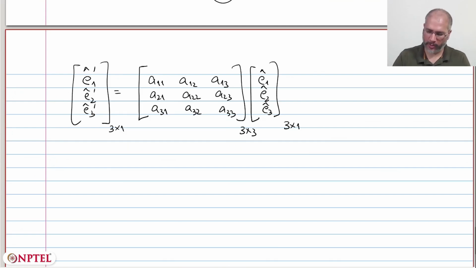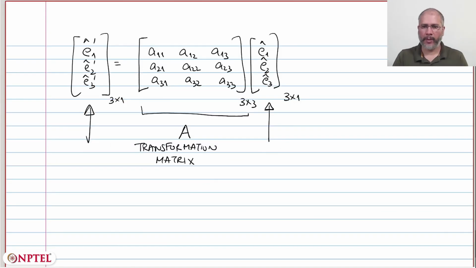This allows us to go from unit vectors in the base coordinate system to unit vectors in the primed coordinate system. And the matrix which allowed us to do that is the matrix A, which actually is called the transformation matrix. So this matrix contains all the information about the transformation of the axes from the base coordinate system to the rotated or the primed coordinate system.